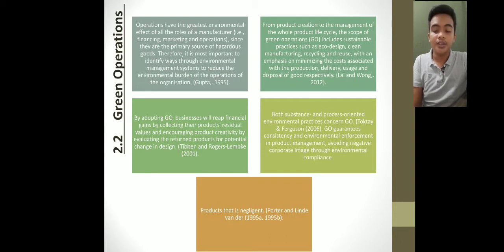By adopting green operation, businesses will reap financial gains by collecting their products' residual values and encouraging product creativity by evaluating the returned product for potential change in design by Tiburn and Rogen 2001.